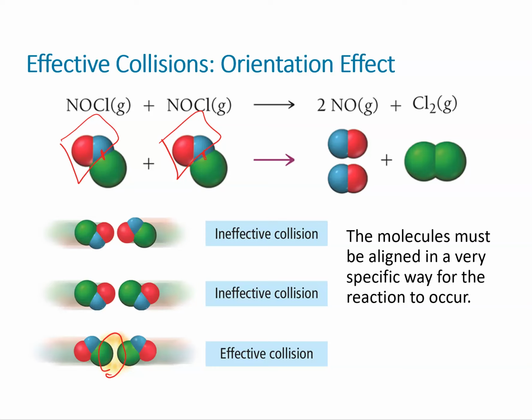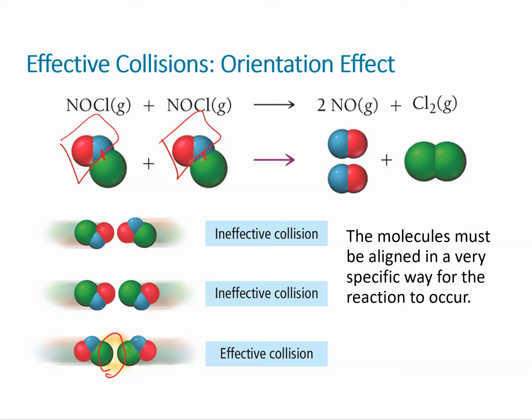But if those chlorines aren't aligned as part of the collision, it doesn't matter how hard they smash into each other or how frequently, it's not going to happen. Now you can imagine that the more complex a molecule becomes, the more specific the orientation has to be for the collision to be effective.